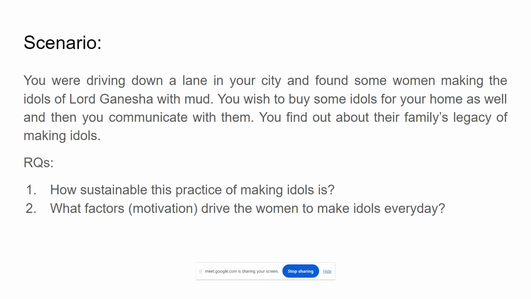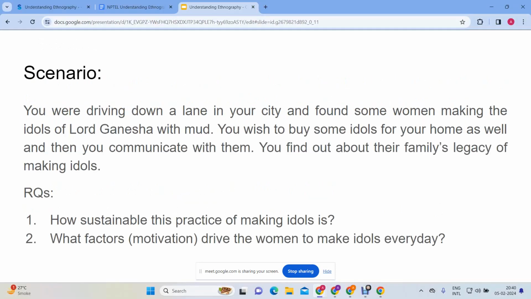They want to do it on their own, right? So these three aspects of your consideration allow you to select and pick papers from the whole lot of papers that talk about making mud idols, right?